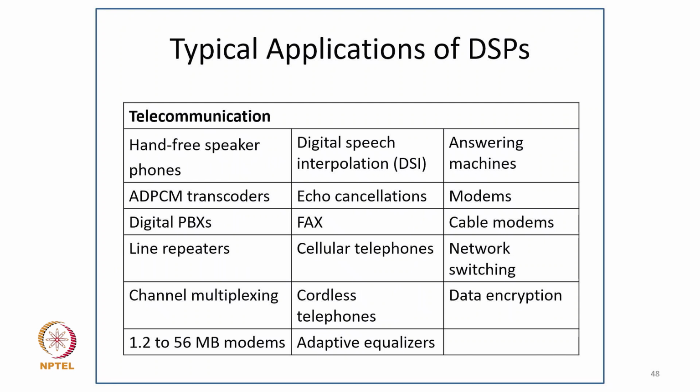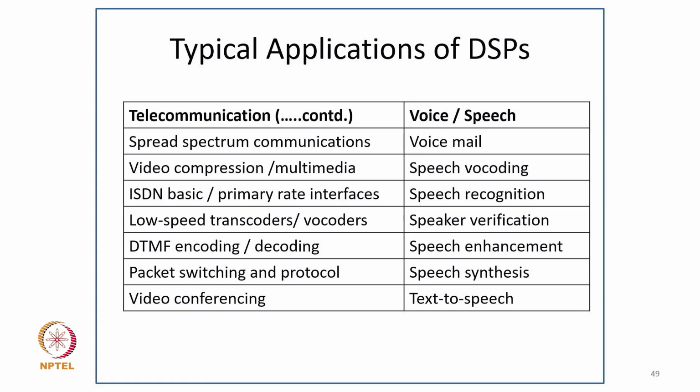In telecommunication, there are hands-free speakerphone, ADPCM transcoder, digital PBX, line repeater, channel multiplexer, 1.256 MB modems, digital speech interpolation, DSI, echo cancellation, fax machine, cellular telephone, cordless telephone, adaptive equalizers, answering machine, modems, cable modems, network switching, and data encryption.